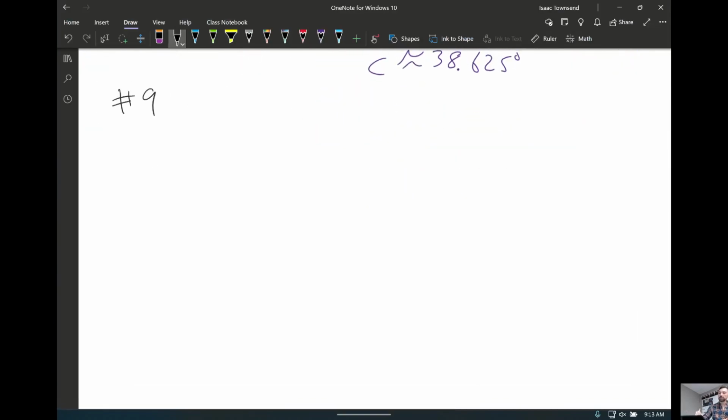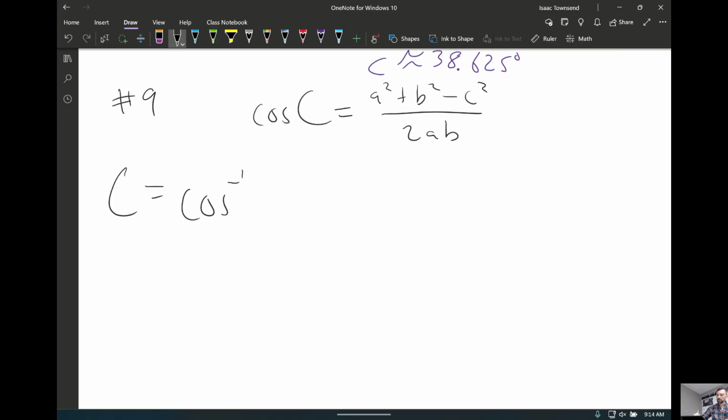Okay, so without looking at question 9, I know we should be looking at this formula. So our answer should come from inverse cosine of a squared. Okay, do you have a already?